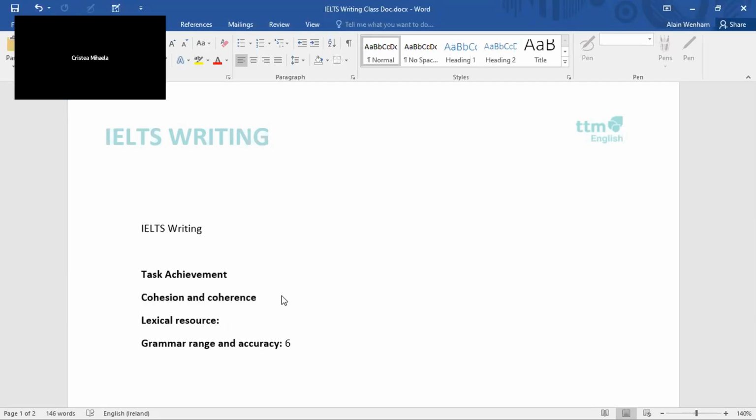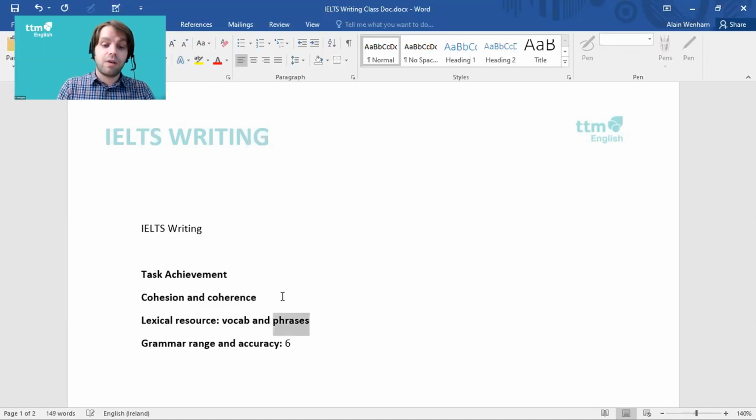Using words, special words, I don't know. It's vocab and phrases, yeah. Right, so for example, if you use, someone give me a big word. Like, I'll give you one here now, ammunition. That's a good word, right? You would get marks in lexical resource for that.